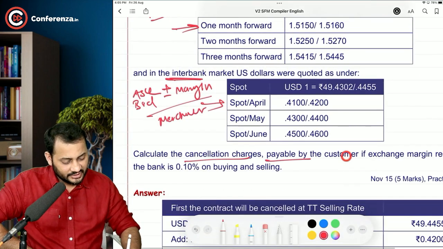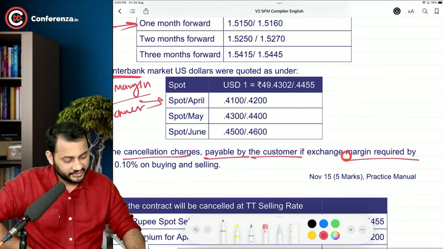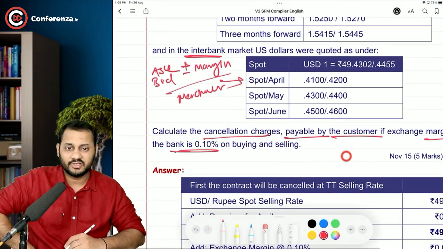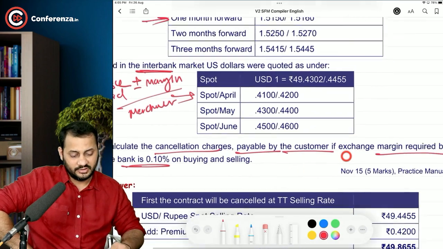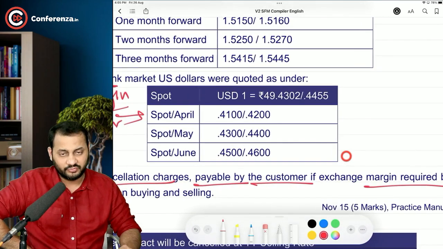Calculate the cancellation charges payable by the customer if the exchange margin required by the bank is 0.10% on buying and selling both. Okay sir, let's calculate the forward rate. How will you calculate the forward rate?